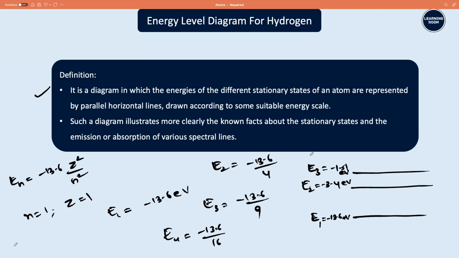So it is minus 0.85. Are you able to understand this? It keeps on going like this. So this kind of diagram, a set of parallel lines which represent the energy level of the electron in each orbit, is what is called the energy level diagram for hydrogen. Am I clear with this? Yes or no?